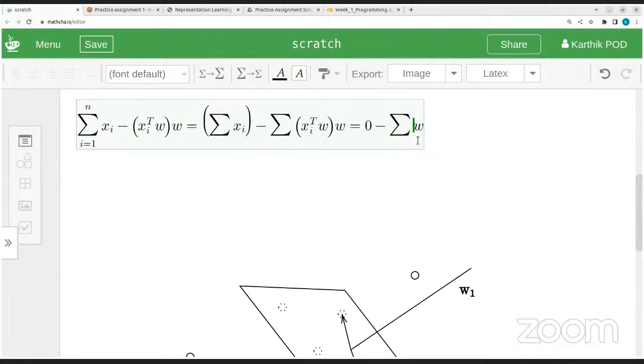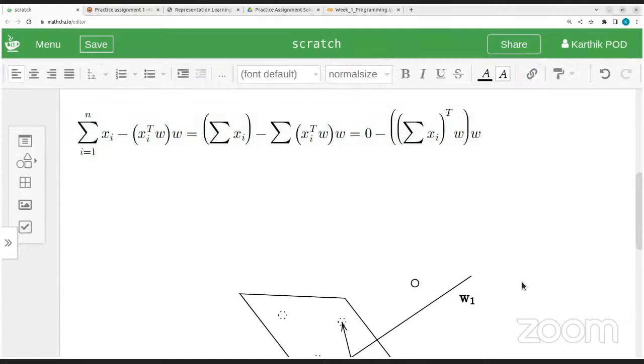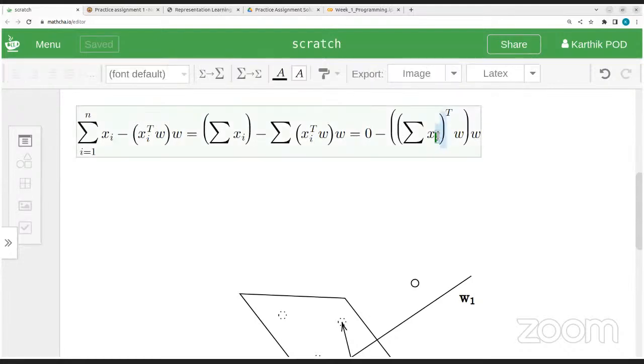I can write it this way: sum of xi whole transpose w, times w. You are summing xi transpose w times w for i equal to 1 to n. Rather than doing it, you add all the vectors xi from 1 to n, take the transpose of that, dot product with w, and then you have w. So this thing is also 0, right?